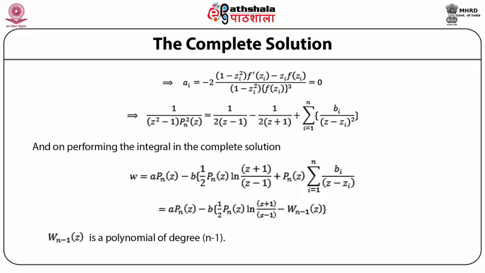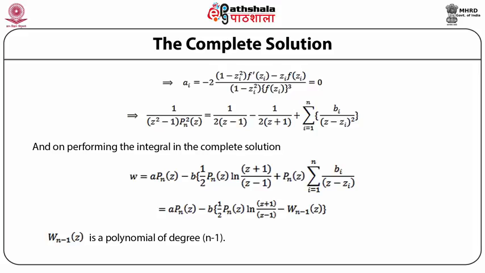Now, on performing the integral, we obtain w is equal to A times Pn of z minus B times within the brackets half multiplied by Pn of z into the natural log of (z plus 1) divided by (z minus 1) plus Pn of z multiplied by the summation over i going from 1 to n of bi by (z minus zi).